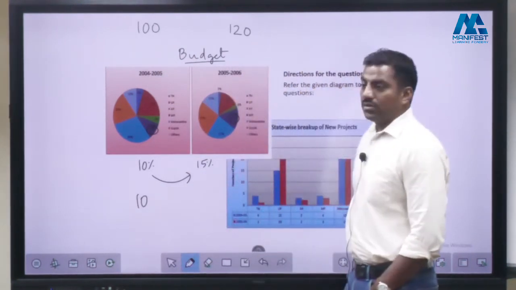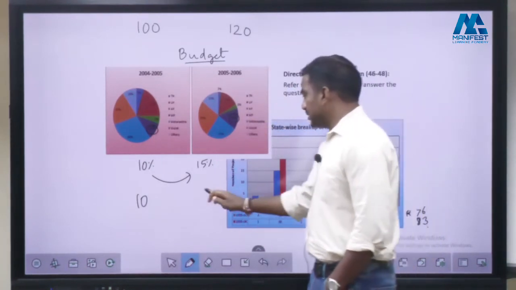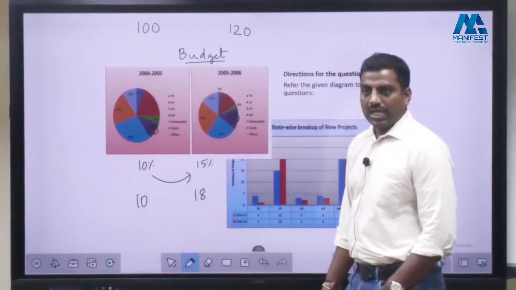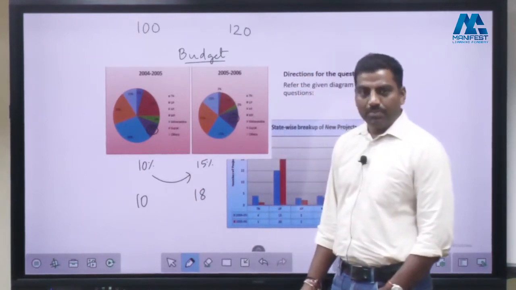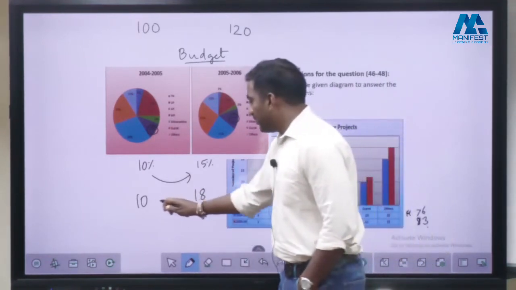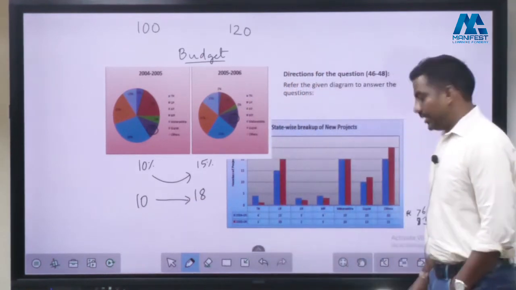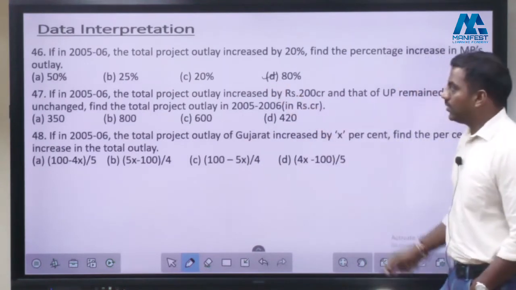What about this year? 15% of 120, that is 18 rupees. Earlier in 2004-05, its budget outlay was 10 rupees for MP. Now it is becoming 18 rupees. So 80% increase. Getting my point?